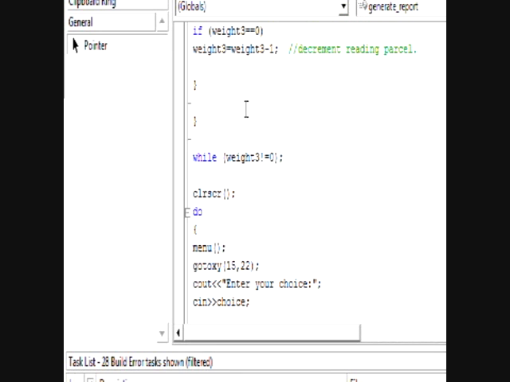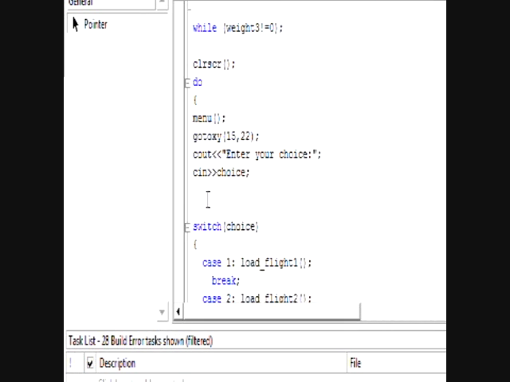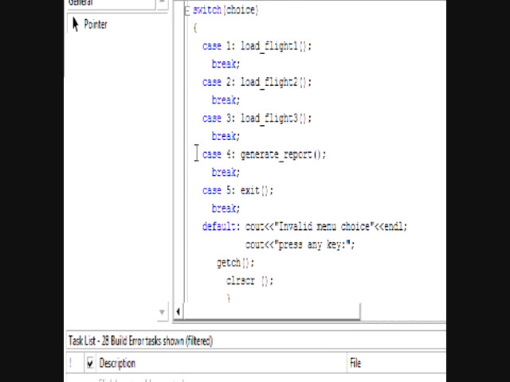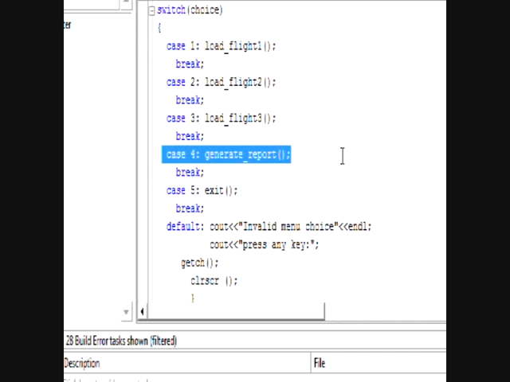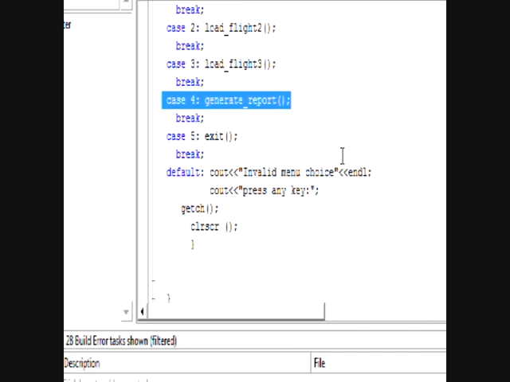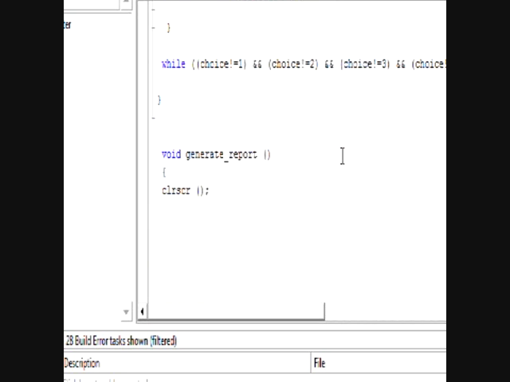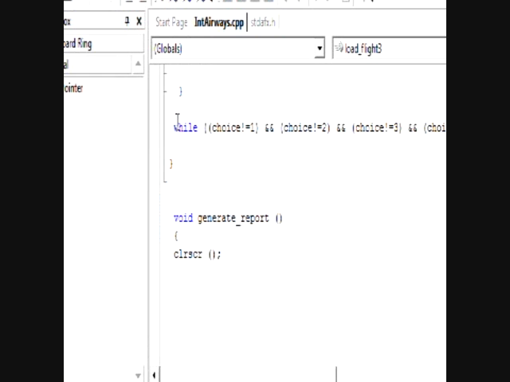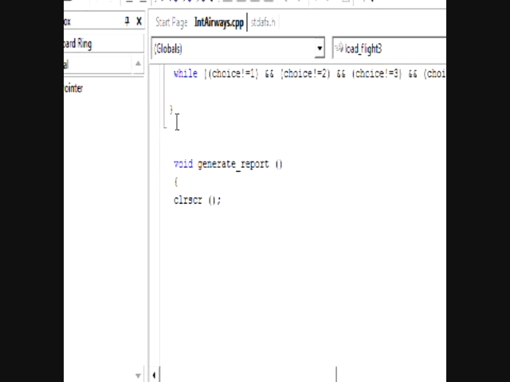Once we are done with flight number 3 and it's full up and not accepting any parcels, we clear the screen and go back to the main menu again, get the user to enter a choice. Presumably we want the user to enter 4 for generate reports, and if they enter what we want, we will then call the generate report function.